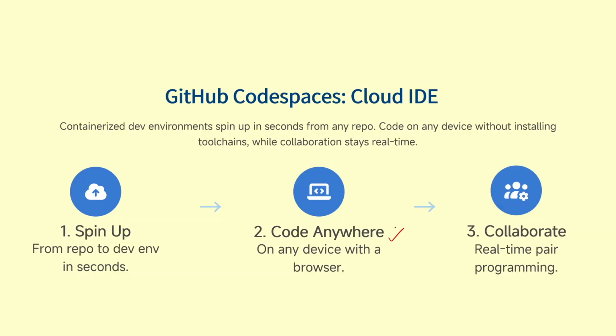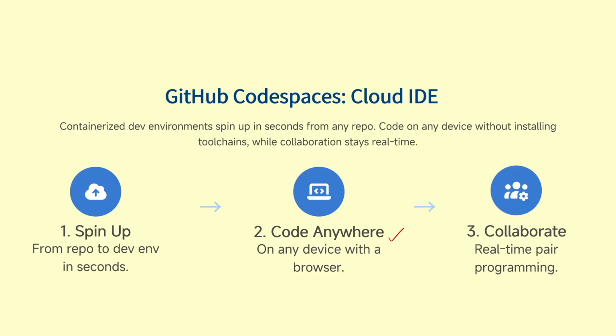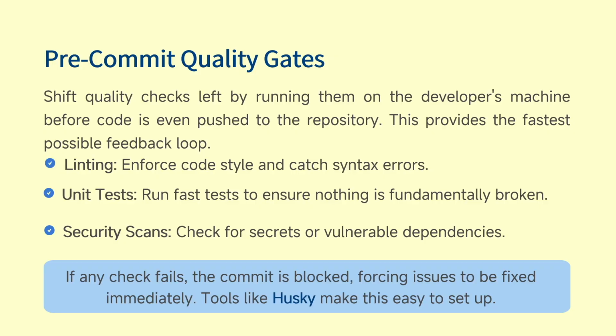Okay. So, this provides code anywhere options, in a browser or on a device, you can code at any place, and it also facilitates real time pair programming where you can program with more than one person online. So, we have pre-commit quality gates also. Like we have linting options. Linting is checking whether you have given the correct styling as per the programming requirements.